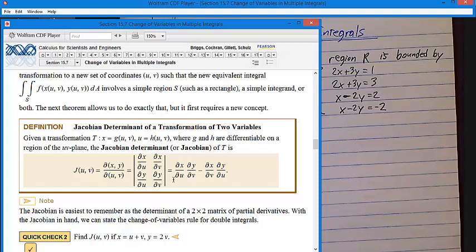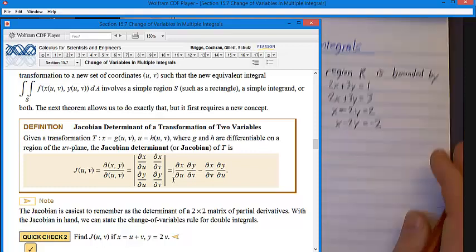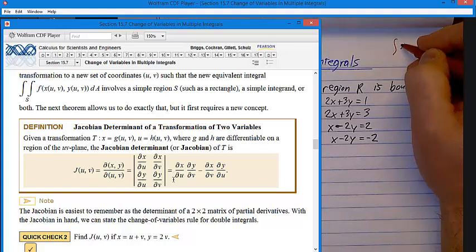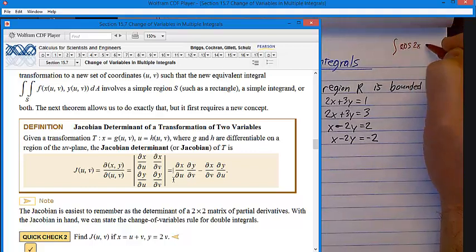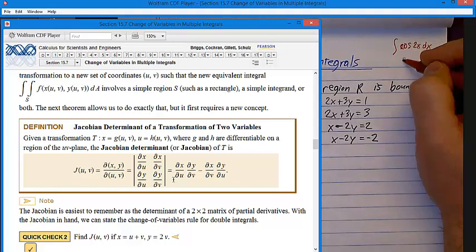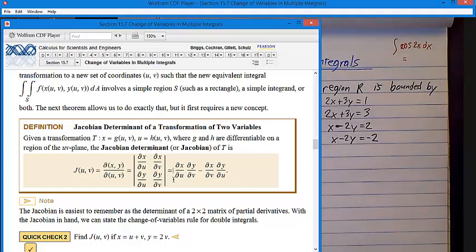The fudge factor. Remember back in Calc 1? Let me show you the fudge factor in Calc 1. When you had to integrate the cosine of 2x dx, you guys now know what that equals? 1/2 sine 2x.